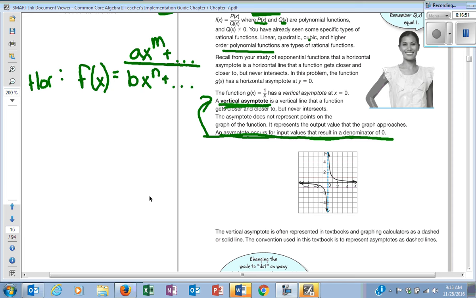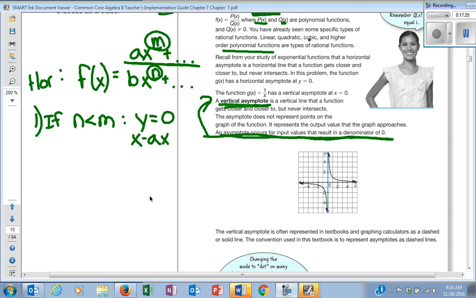So basically, m is going to be your highest power of your top, and n is going to be the highest power of your bottom. And what happens is we've got different cases. So first, if n is less than m, that means your bottom power, the highest one, is smaller than your top. Then you automatically know you have an asymptote of y equals 0, or what is known as the x-axis.